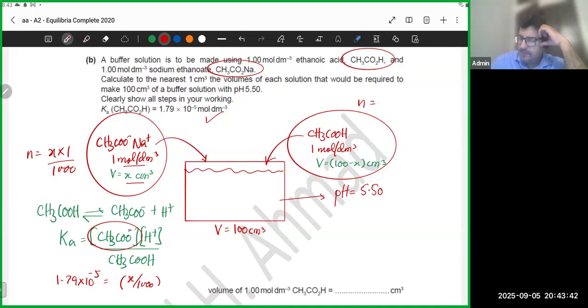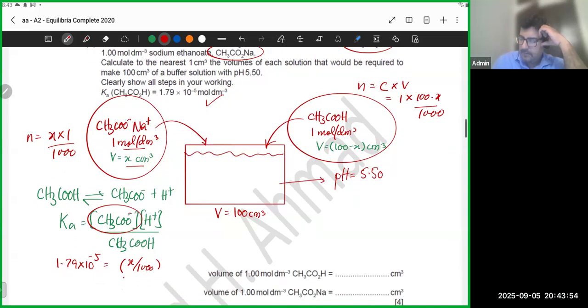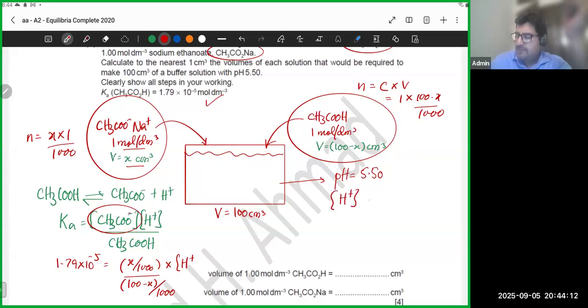That's concentration times volume, and that's 1 times 100 minus X. It's in cm cube, so it's going to be divided by 1000, right? So 100 minus X divided by 1000, times the H+ concentration. We also know the H+ concentration because the pH was given. So pH was 5.5. So H+ is 10 to the power minus 5.5. So this thing is given.